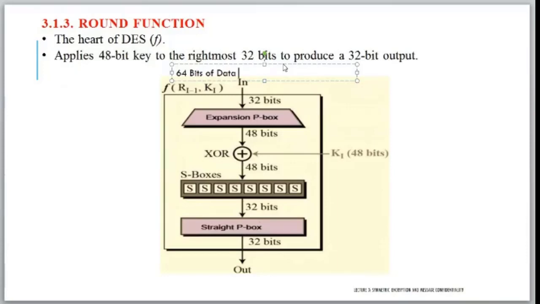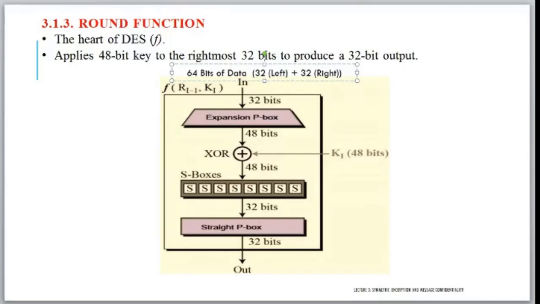Now, this 64 bits of data I'm going to divide into two parts, 32 bits plus 32 bits. That means I'm dividing into left and right. So this 32 bits is going to be the left, and this 32 bits I'm going to consider the rightmost part, which is available towards your right.